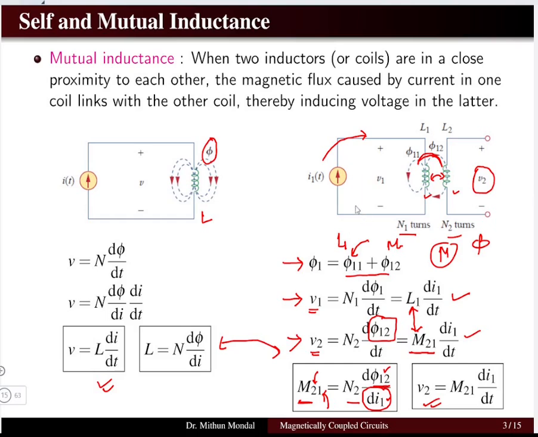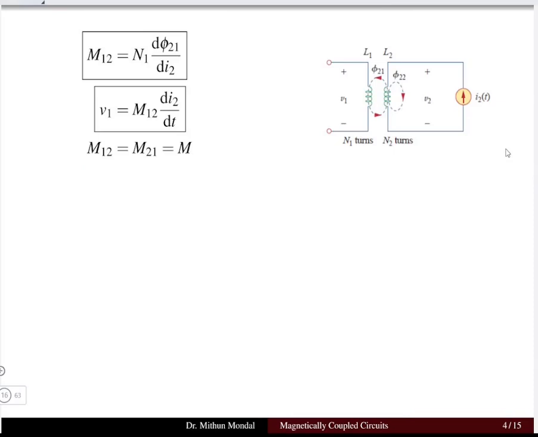Now in this example we have taken that the current is given to the primary coil, or the first coil, whereas there is no current in the second coil because there is no load connected to it and it is open circuit. If we do the other part, that is giving the current to the second coil and keeping the first coil open, then we have the same formula.